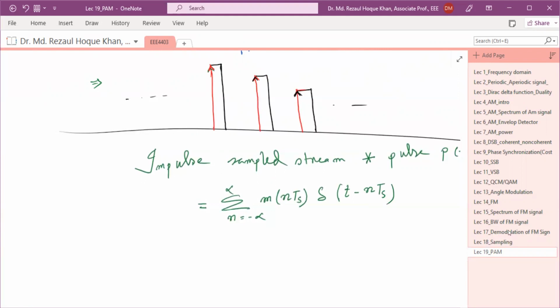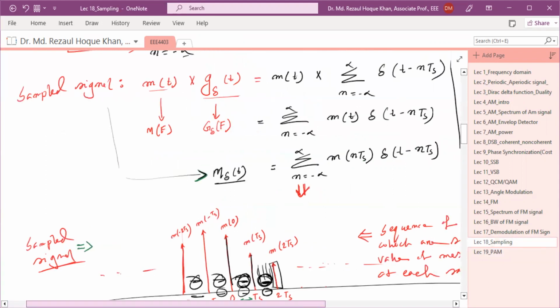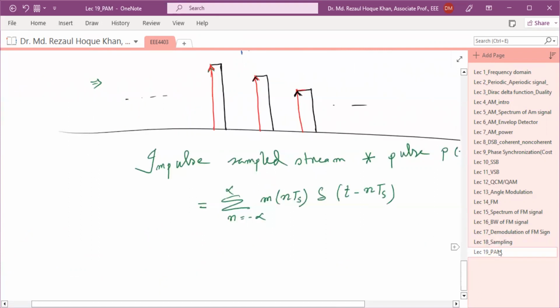Isn't it? So this is the impulse sampled stream.